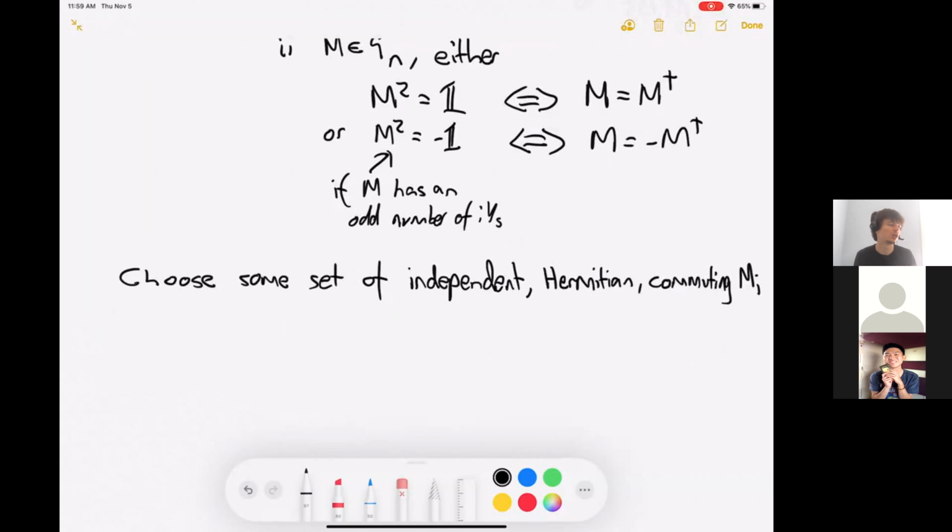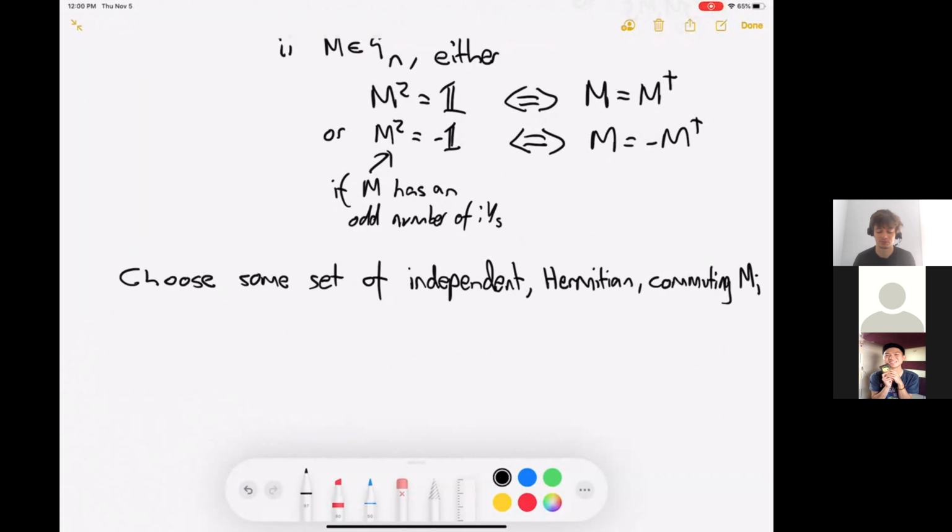So for example, on 2 qubits, we could choose X times X and Z times Z as our two things. They commute, and they're both Hermitian and so on. We could also add something like iY tensor iY, i.e. minus Y tensor Y, but we couldn't have just iY in there, both because it would anti-commute with things and it's not Hermitian.